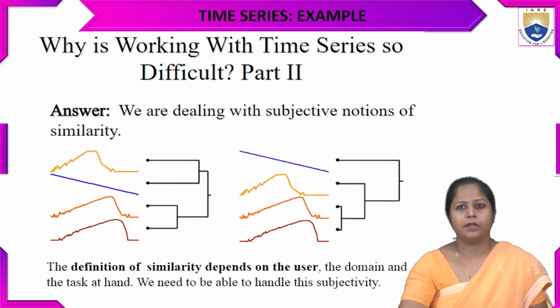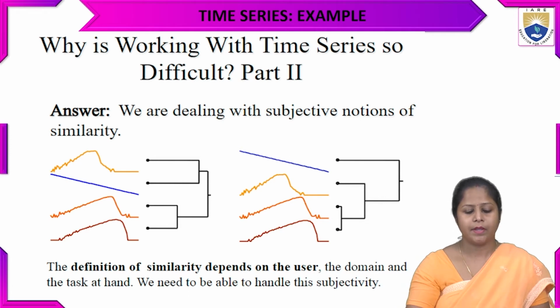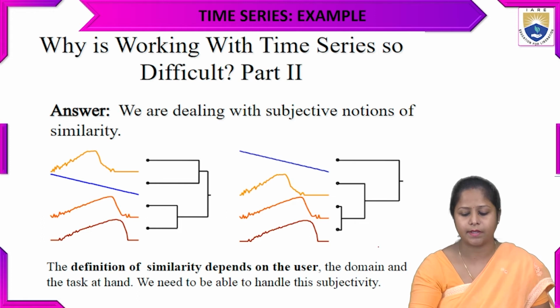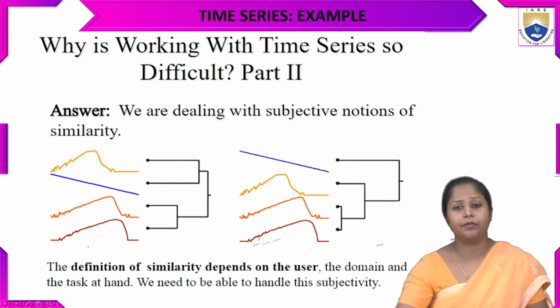So here, if we are dealing with the subjective notions of similarity, we can see in the figure, in the first graph and the second graph, that we have two types of time series data, time series trends. The definition of similarity depends on the user.